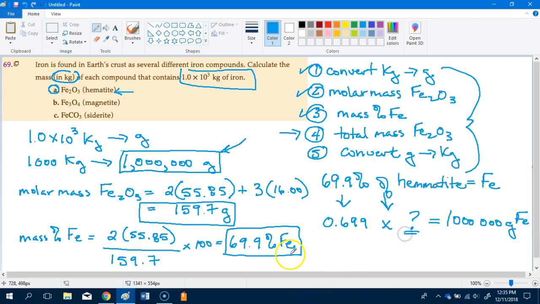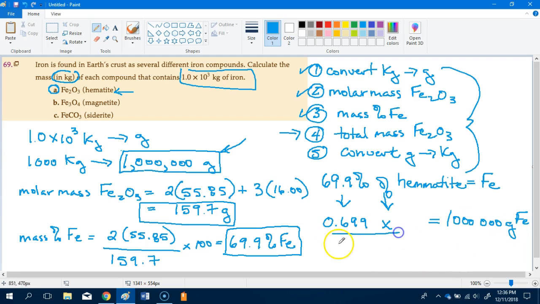We're just looking for the hematite, so that's our unknown. So I'm going to use algebra to figure this out. Let's say that our unknown, instead of a question mark, is going to be our unknown x. So we're multiplying by x, so I can just leave that as is. So 0.699 times x is equal to 1 million grams.